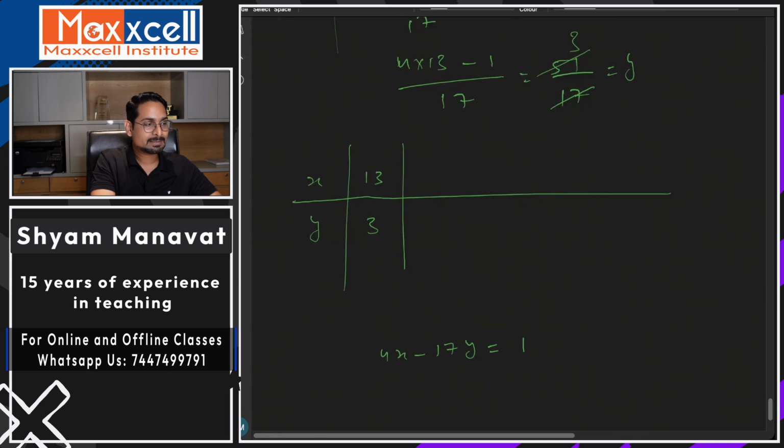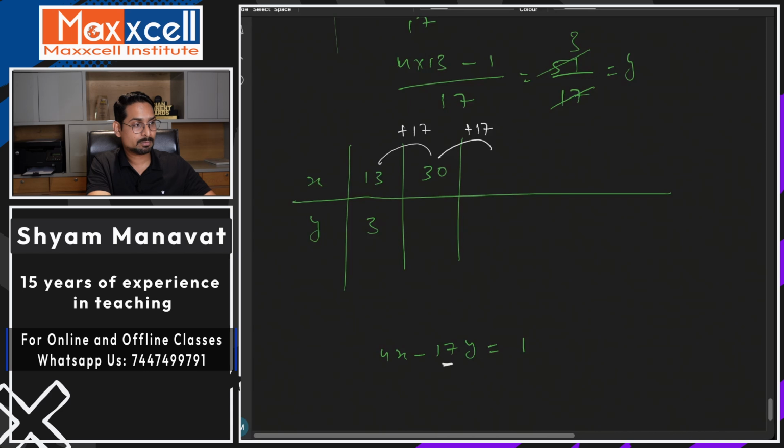And here the coefficient of y, without the sign, I see what? 17. I need to grow with 17, right? So the next value here should be 13 plus 17, that is 30. The next value here for x should be plus 17.